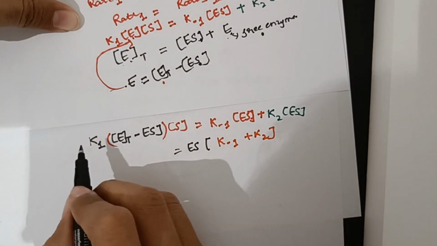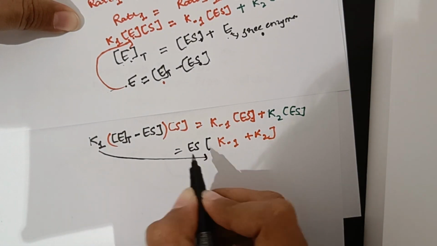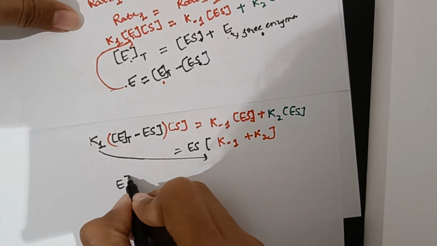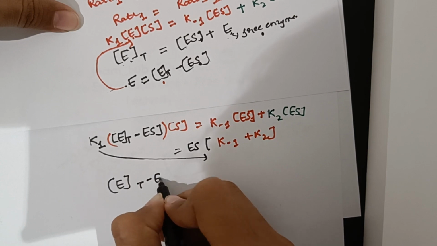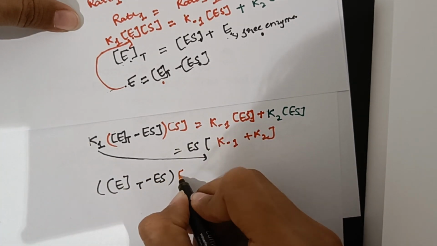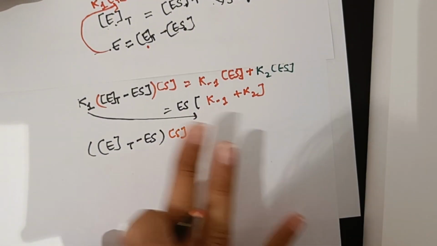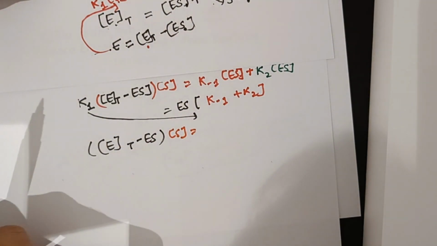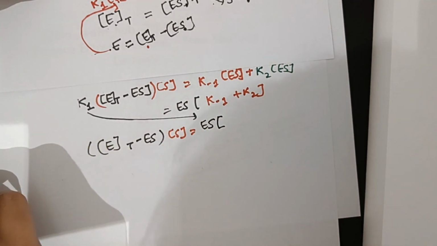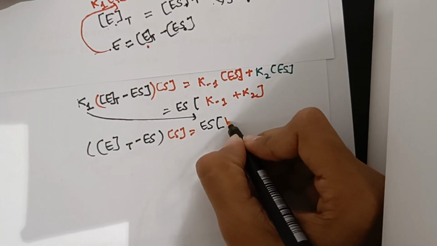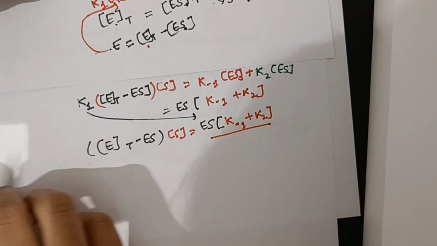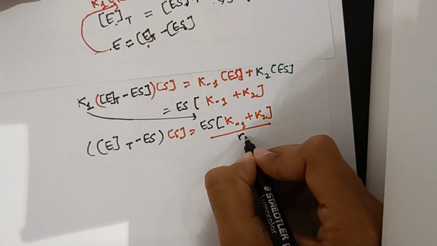So what we can do is put this K1 here, and then what we get is Et minus ES, and then the substrate, is equal to ES, and then what we have is K-1 plus K2, and then K1.